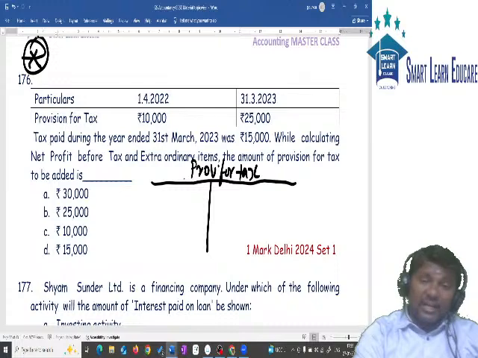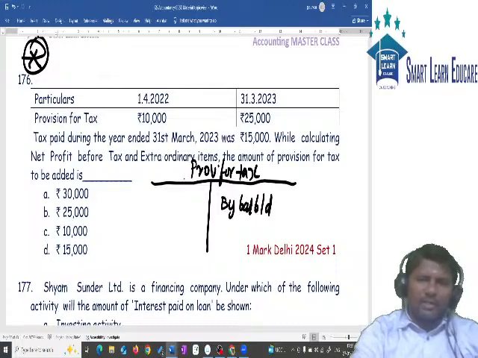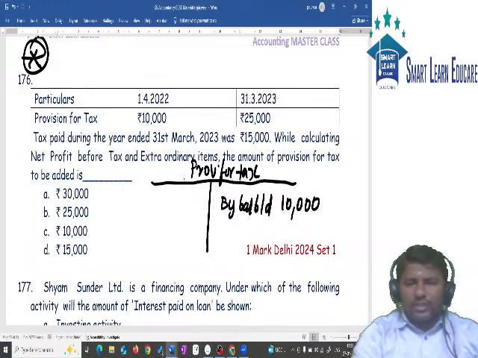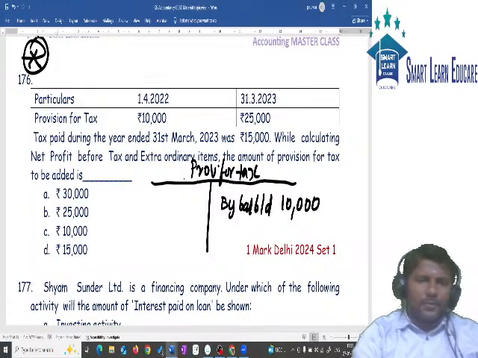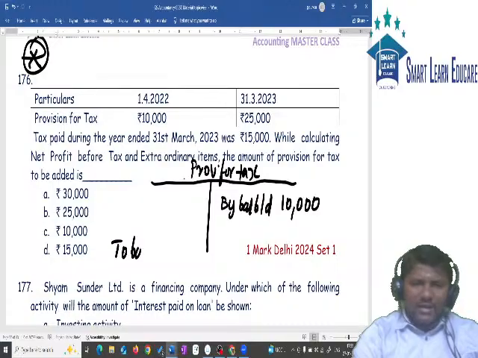Liability will have a credit balance. அப்போ liabilityயோட opening balance we will write as by balance brought down. What is the opening balance of provision? It is 10,000. And closing balance of provision will take the opposite side, that is to balance carried down, 25,000.